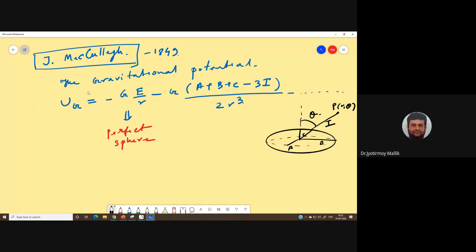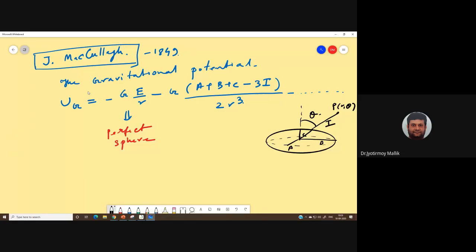If I want to calculate the moment of inertia at any point P, which is situated at a distance r from the center of the Earth and making an angle theta with the z-axis, I can get the position of point P with the polar coordinate system r, theta. So the moment of inertia at point P is defined as I.